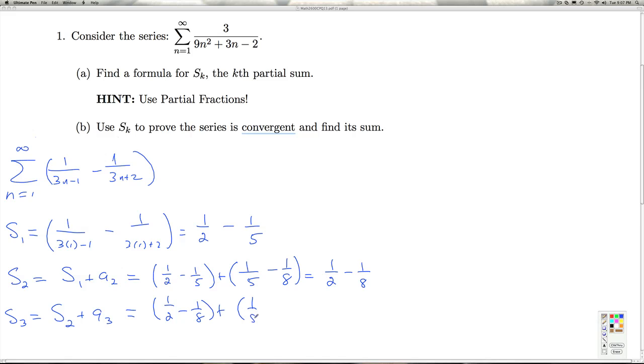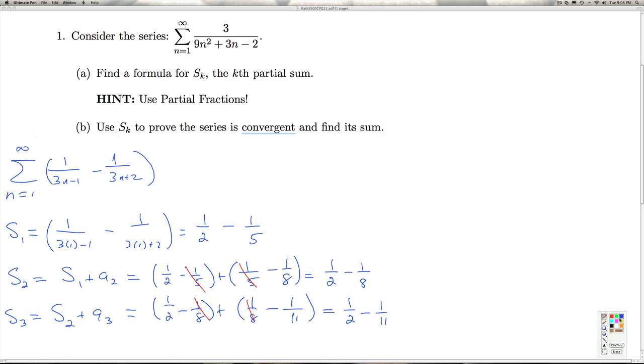So I get 1/8 there, minus 1 over 11. And then once again, the middle terms cancel out. I get 1/2 minus 1/11. So what we're seeing evolve here is a so-called telescoping series, where these middle terms are dropping out.